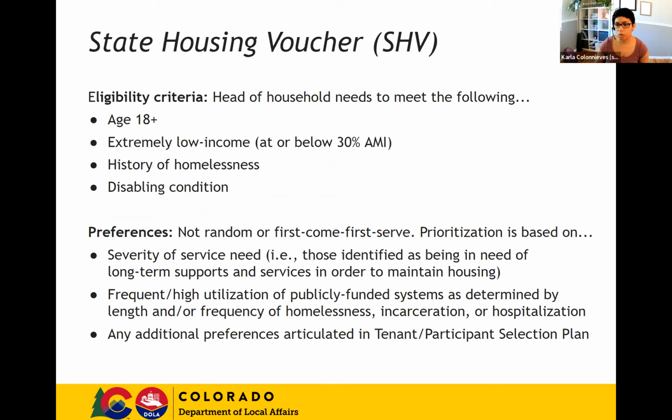Because these vouchers are so limited, we need to be targeting toward those who have the highest barriers to housing. So preferences could include severity of service need, frequent or high utilization of publicly funded systems, and then any additional preferences that might be articulated in that tenant or participant selection plan. Next slide.